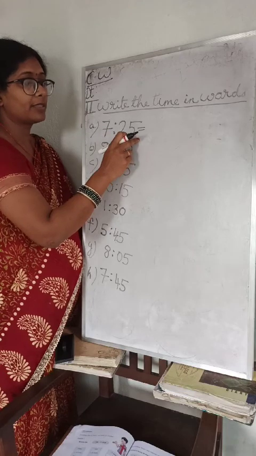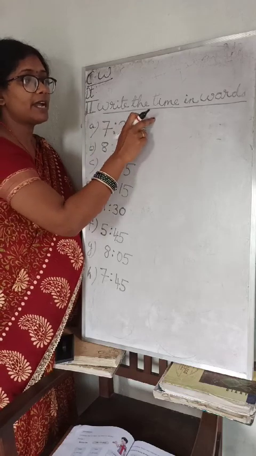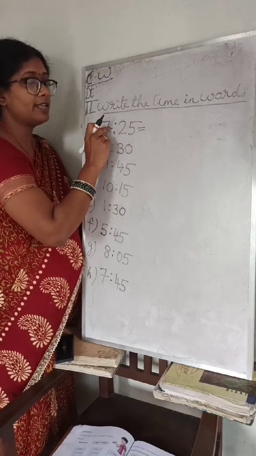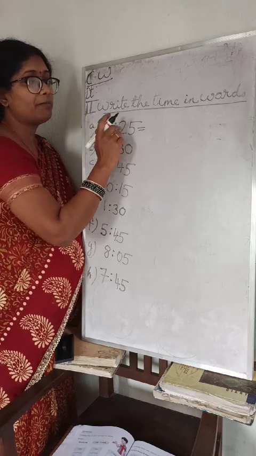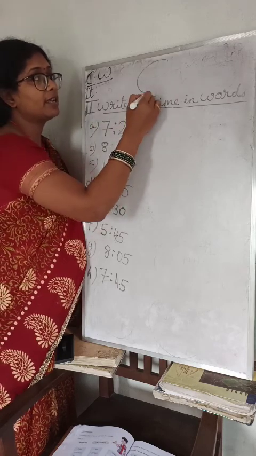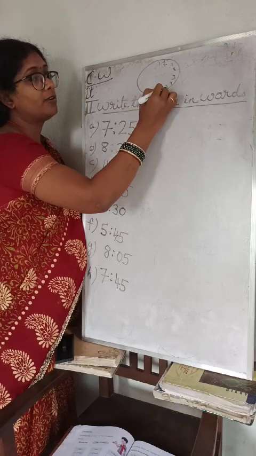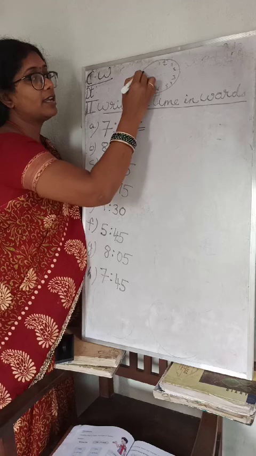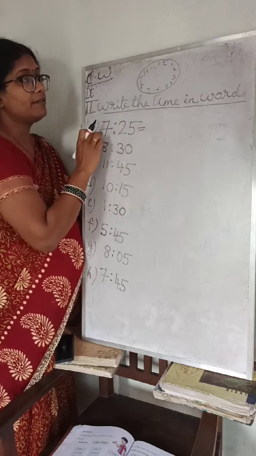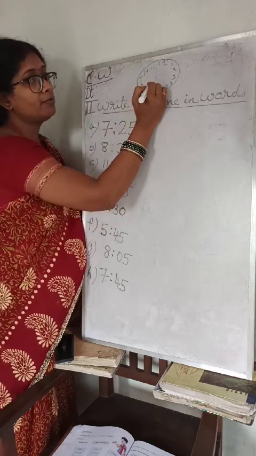7:25. You see where the minute hand goes. 25 अगर है, 7:25 है, तो आप पहले इसे समझेंगे कि 25 कहाँ पर आता है? 7:25 means the minute hand would be where and the hour hand should be where.